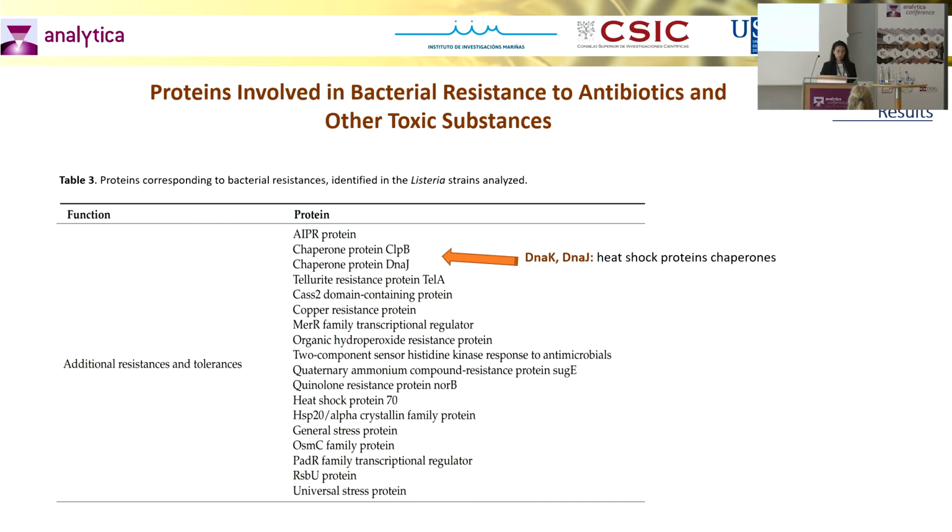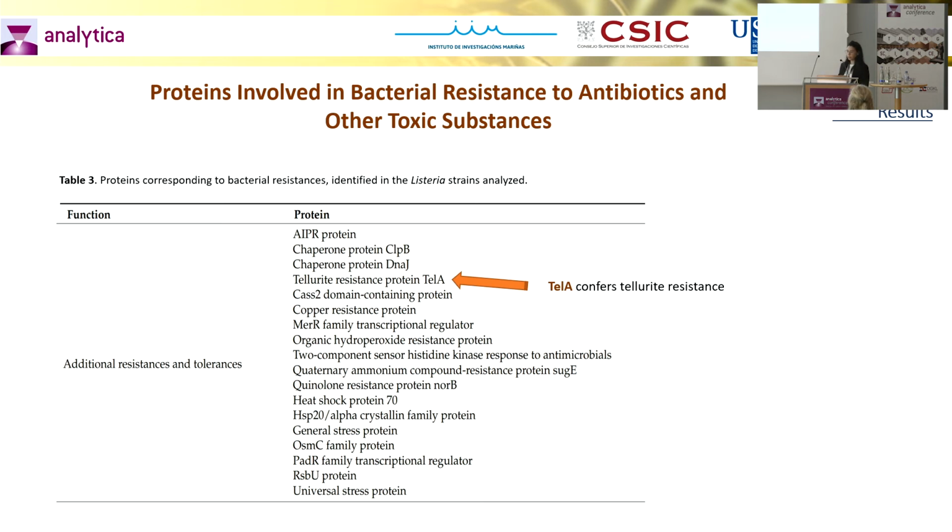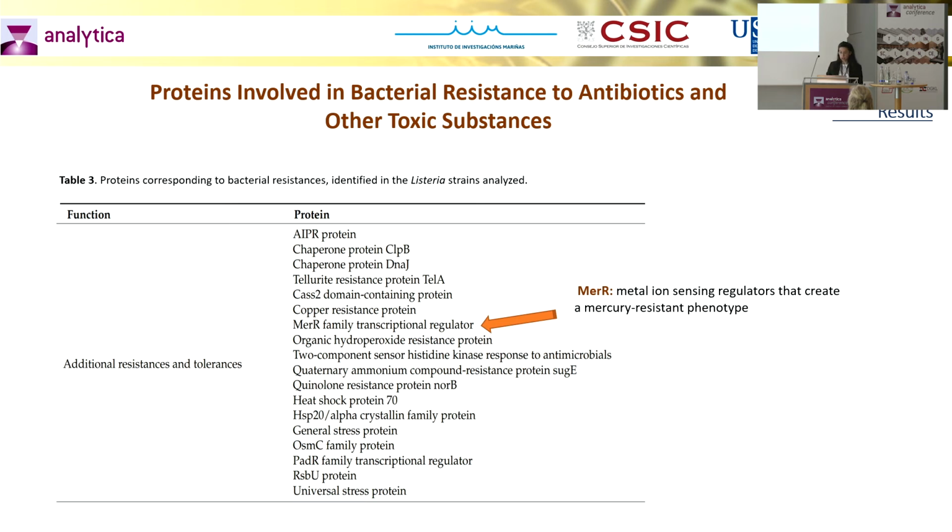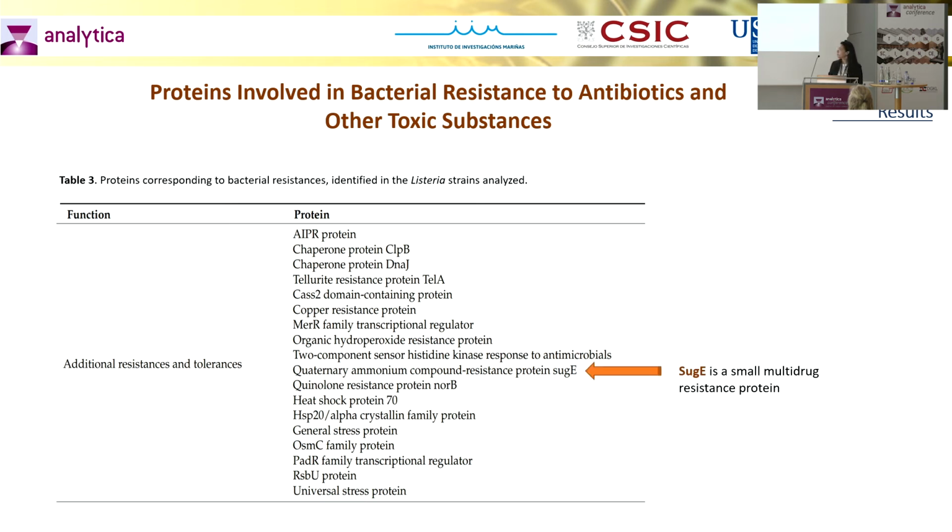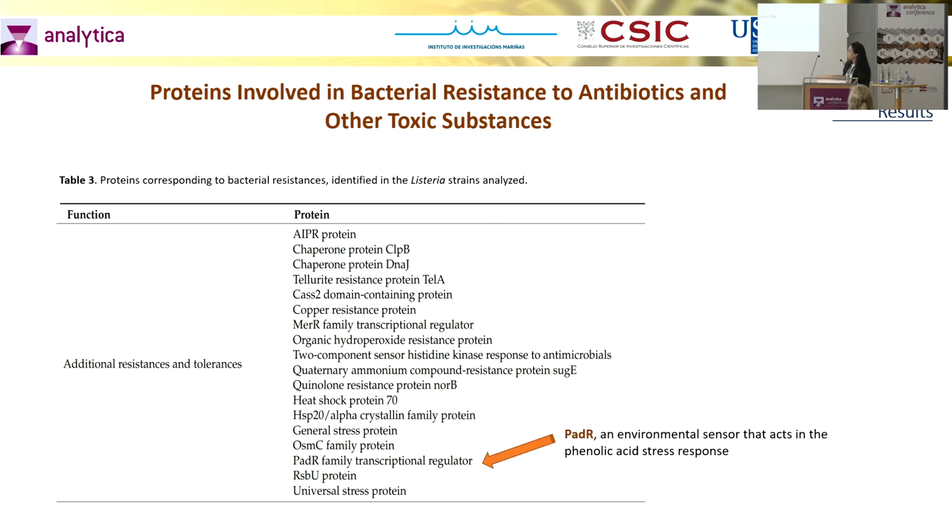Related to additional resistance and tolerances, we have identified different heat shock protein chaperones, also a TLA protein that confers tellurite resistance. We also identified MER, a metal ion sensing regulator that creates a mercury resistant phenotype. A SUG, that is a small multidrug resistant protein.